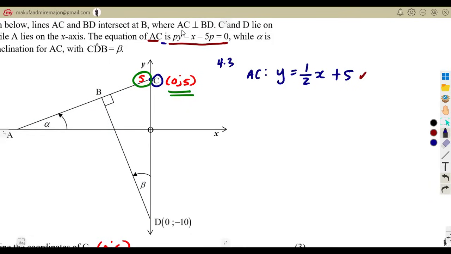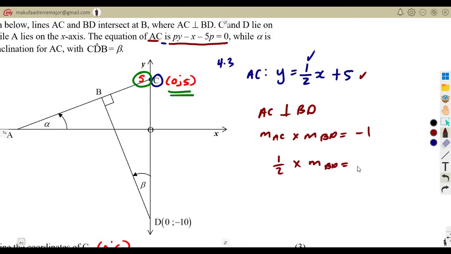So meaning to say, if AC is perpendicular to BD, the product of their gradients, the gradient of AC times the gradient of BD must be equal to -1, of which the gradient of AC is already there. Remember, this is gradient 1 over 2. So 1 over 2 times the gradient of BD must be equal to -1. So what is the gradient of BD? Divided by 1 over 2.